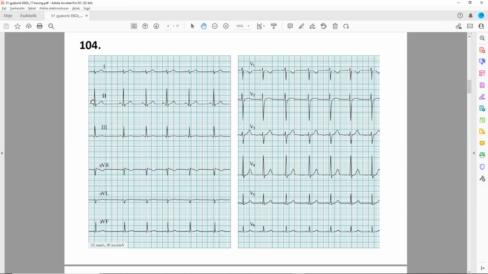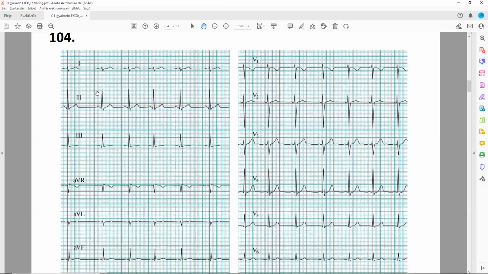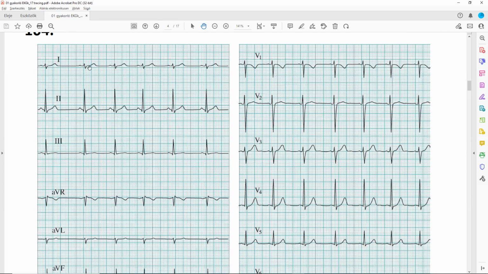But let's first look at the heart rate. Now, what could be the heart rate? Using the rule of 300, I counted about... it's not good, because it's not rhythmic. If you do have rhythmicity, dividing 300 is okay. But if you have this kind of arrhythmia, you should count a longer interval. For example, 1, 2, 3, 4, 5, 6 seconds, 6 times 12 means 72.